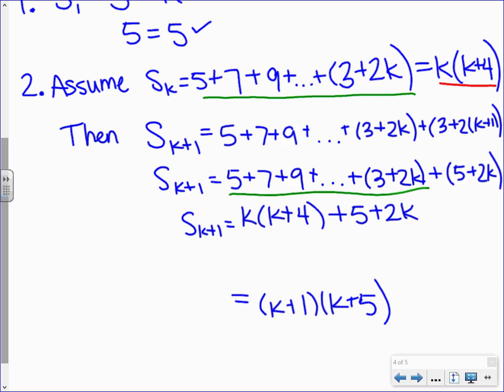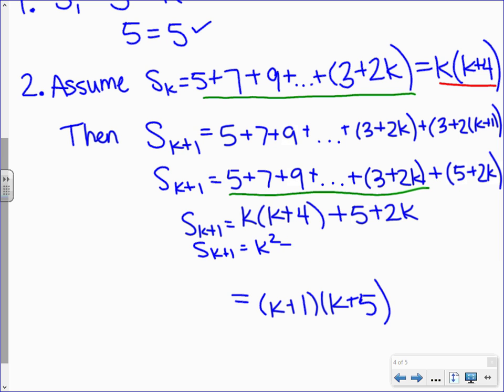So we just took the sum of our sequence of the first k terms, and we knew that it was k times k plus 4, so we just replaced it. Substitution, right? Now I need to somehow figure out a way to get from this to k plus 1 times k plus 5. So what are we probably going to have to do? We're going to need to distribute.